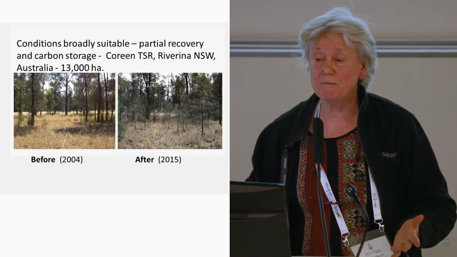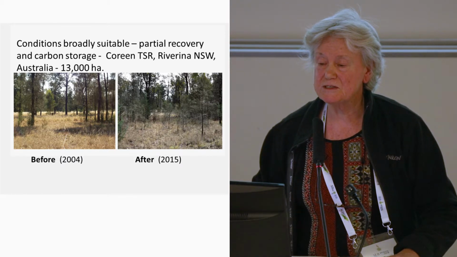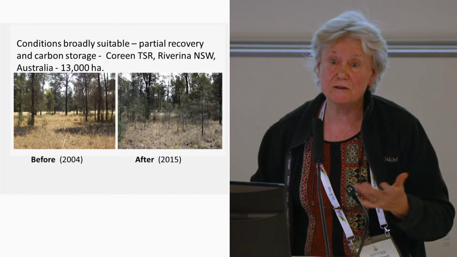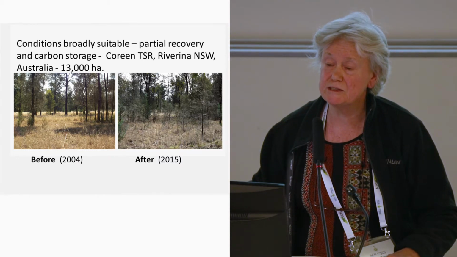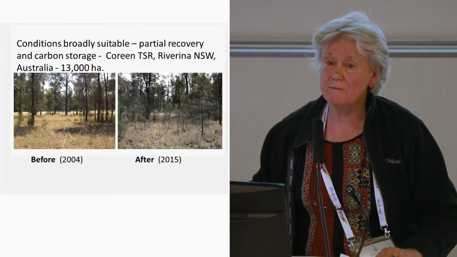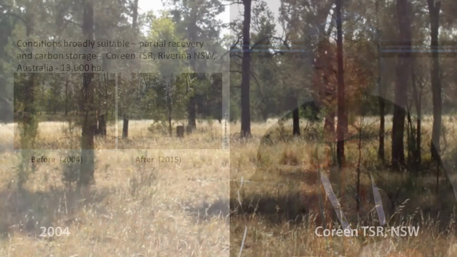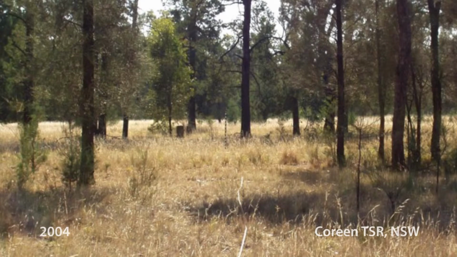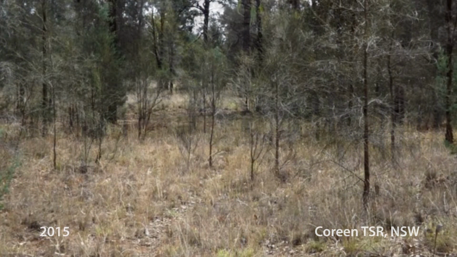And this is an example from the Riverina, the travelling stock routes. So we've got 13,000 hectares of travelling stock routes that are under restoration and rehabilitation management in the Murray local area, and the condition of those sites has improved from approximately, on a 5-star scale, from about condition 2 to condition 3 or 4, which is a magnificent achievement, and we should be proud of that.